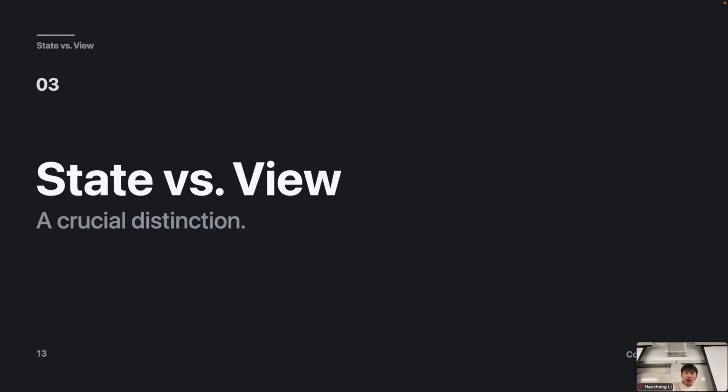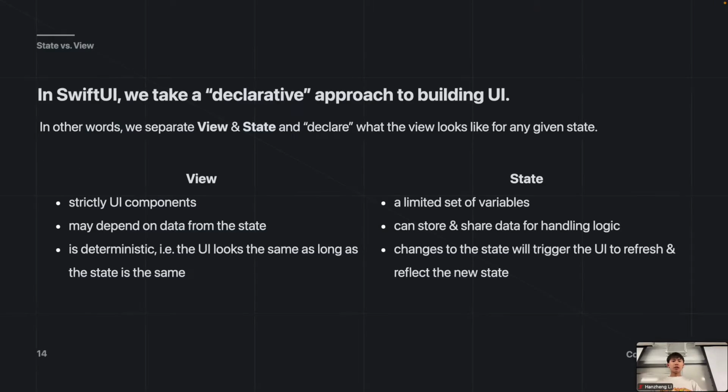Cool. So next we're going to talk about separation between the state and the view, right? This is where we depart from UIKit. This is a pretty crucial distinction because it allows us to say there are a certain number of states that are possible with a particular UI, and we don't really want to consider any other state, right? So when you have a button on the screen, it can either be on or off, right?